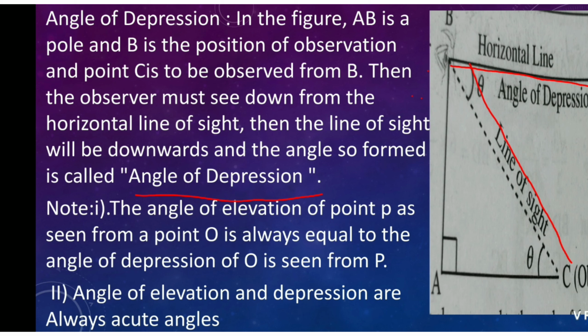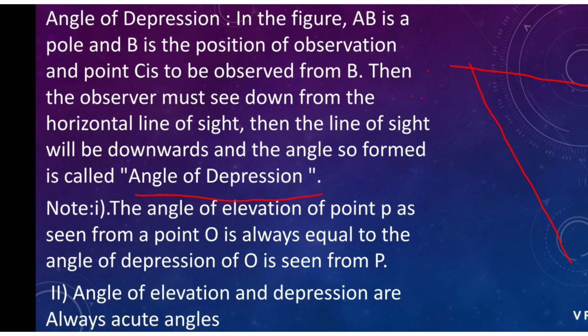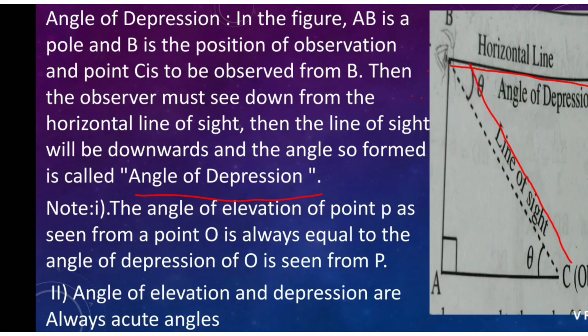The angle of elevation of point P as seen from point O is always equal to the angle of depression of O as seen from P. Now, as we all know, here the horizontal line and the line of sight and the AC line, the foot of the perpendicular of that object and the observer, the AC line and horizontal line, these two are parallel to each other, and this line of sight acts as a transversal.